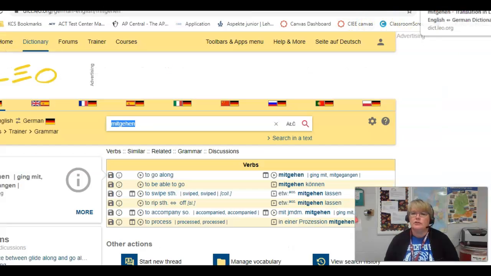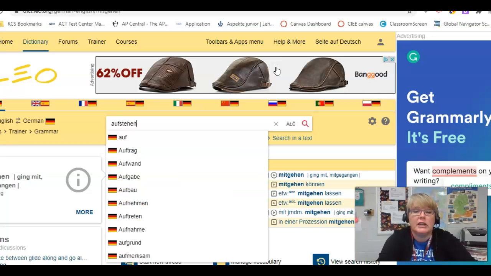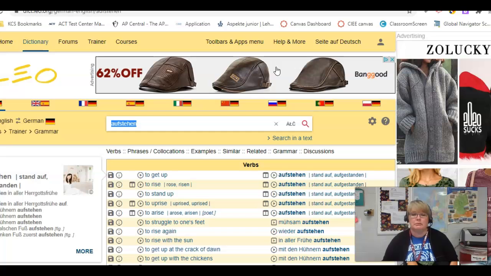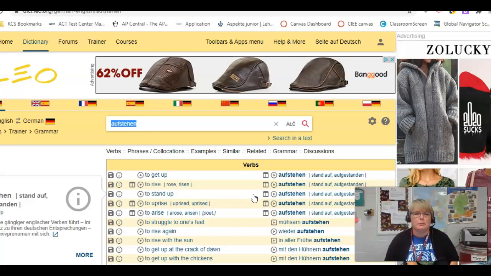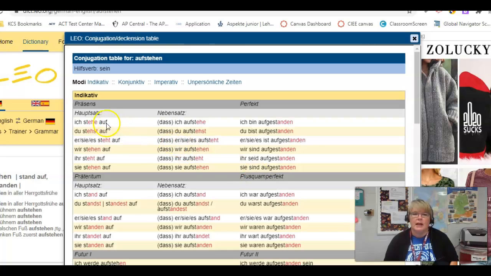All right, let's look at the next one. Aufstehen. I go back to dict.leo and I put in aufstehen, and it tells me to get up, to rise, to stand up. Let me show you while I'm over here: if ever you're not sure if a verb is a separable prefix verb or not, you can click this little chart right here and it will show you all the forms of that verb.